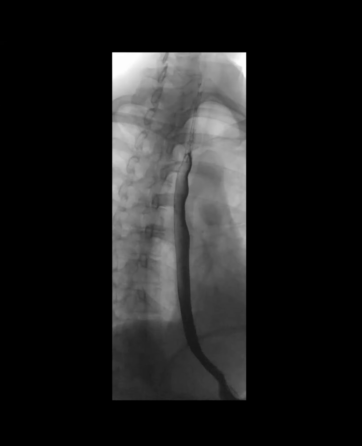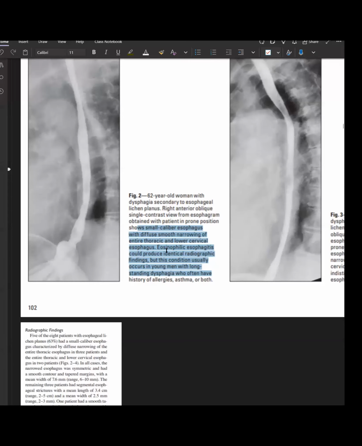So what would be in your differential for patients with long segment, diffuse narrowing? This patient had lichen planus. Here are some examples in the article.